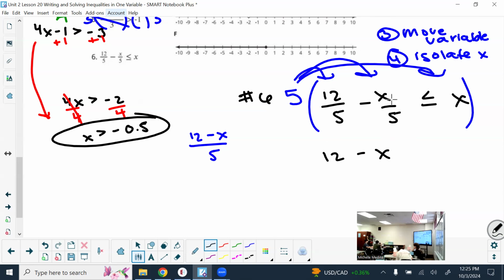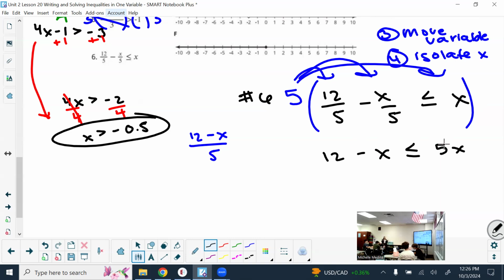Just negative x. That was the whole point of multiplying it by 5, so that it's not a fraction. It really just is what's in the numerator. The sign is not affected unless you're multiplying by negative, which I'm not. And what's 5 times x?